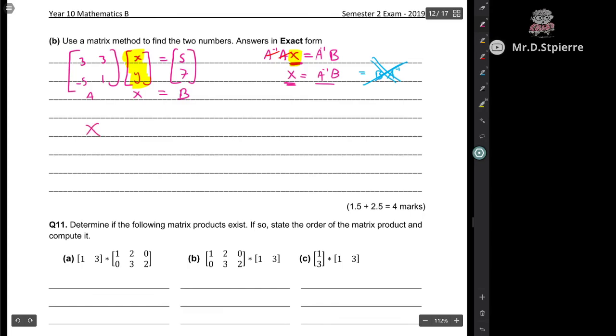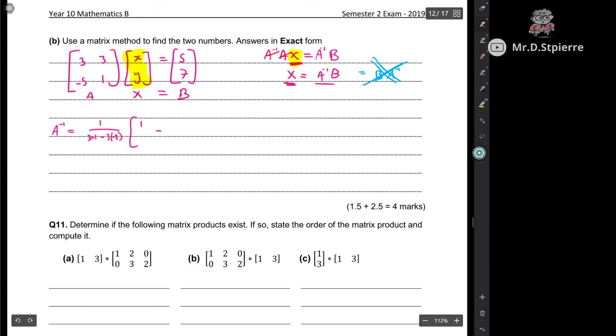So we need to find the inverse of A before we do anything. I jumped the gun there. So inverse of A is equal to 1 on the determinant of A, which I've done a couple times now, so I'm not going to spend much time. We get 3 times 1, take away 3 times negative 5.